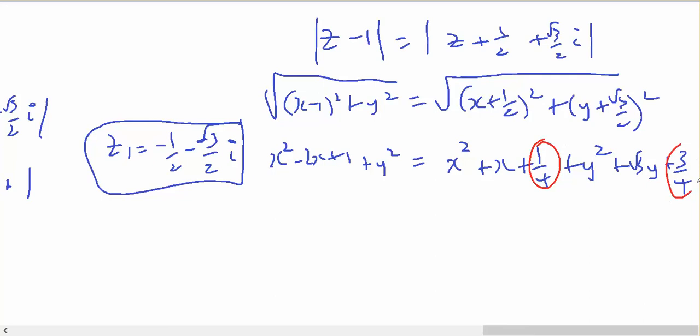A quarter and 3/4 is 1, and that will sum to 0. The y squared sums to y squared. The x squared sums to 0 with the x squared.